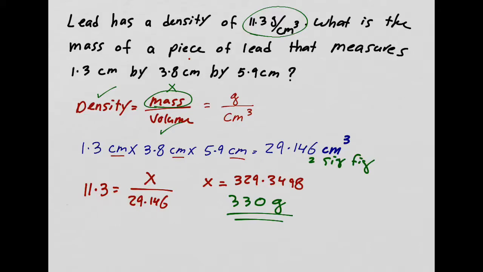There are no parentheses here, so you go cross multiplication. That means 11.3 has to be times 29.146 to get my X. My X is a mass, and the mass unit is grams. And I know the final answer should have 2 sig fig. So this is my final answer, 2 sig fig.